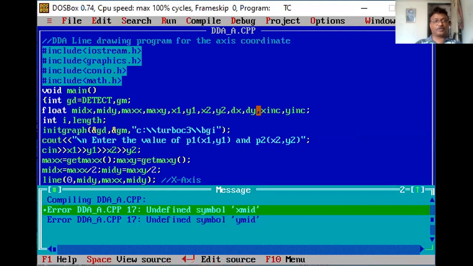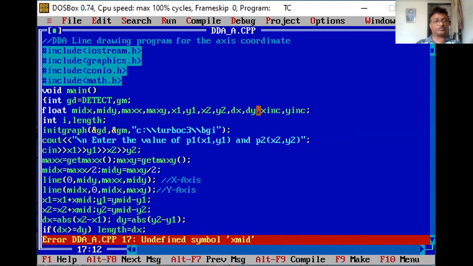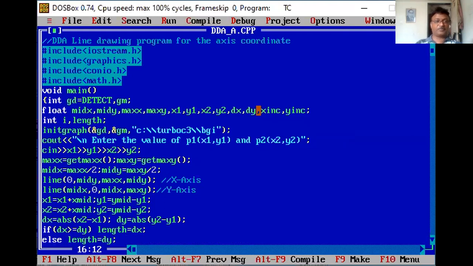That shows two errors: x mid, y mid, undefined symbol there also. So what is mid x, mid y? Whatever you consider, x mid, y mid or mid x, mid y. Here I have considered mid x, and here I have considered mid y.